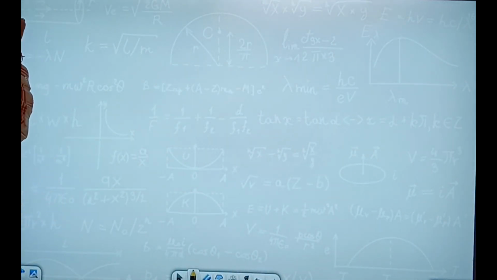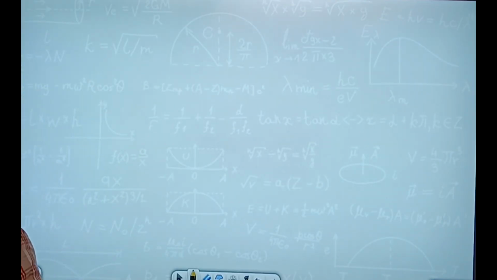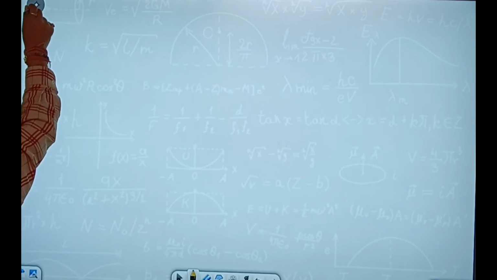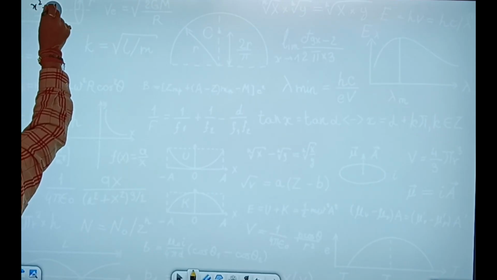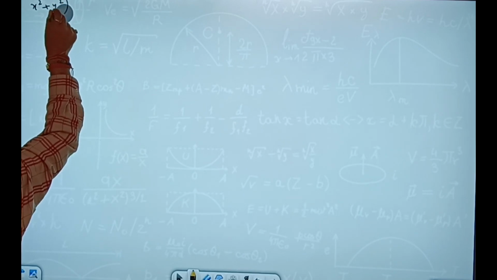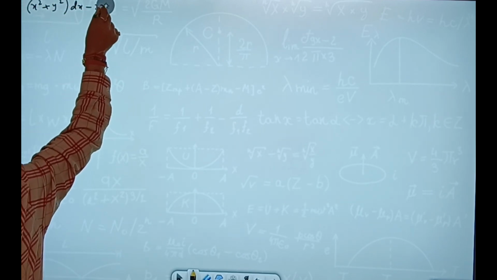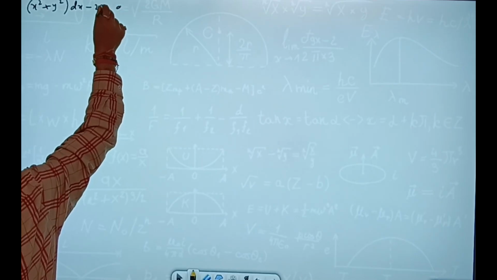Fifteenth is x square plus y square dx, 2xy dy.